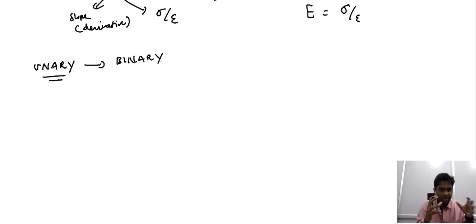So unary system largely means a material that is in its purest form. The binary system, unlike that case, has a combination of two components. Generally we have a component that assumes the base role and a component that assumes the role of a solute.